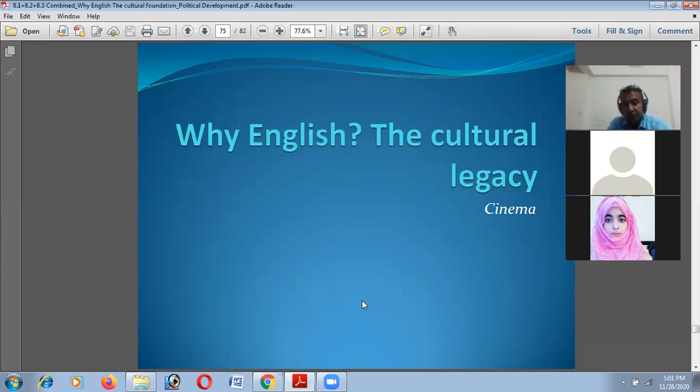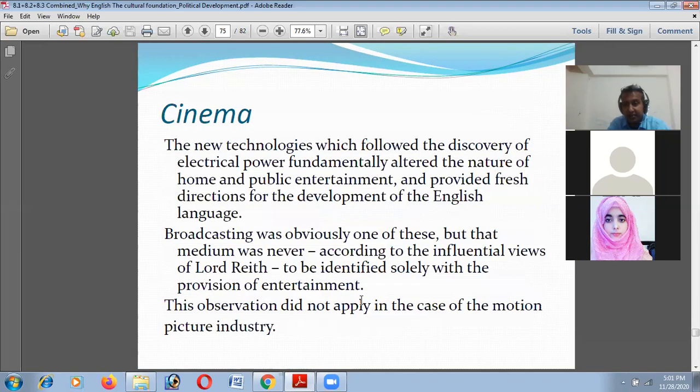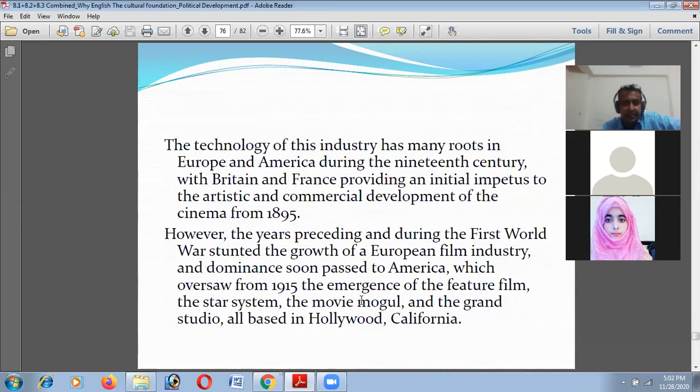And let's move on to the cinema. We know the history of cinema. Actually, the new technology which followed the discovery of electrical power fundamentally altered the nature of home and public entertainment. In the case of entertainment, cinema comes to our hand.